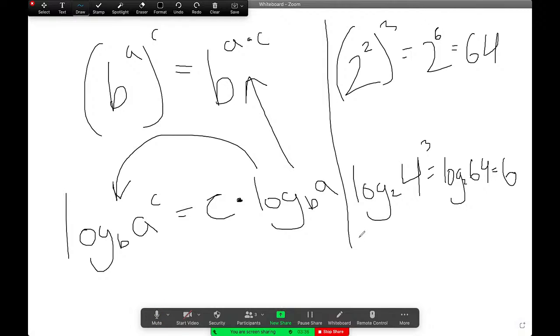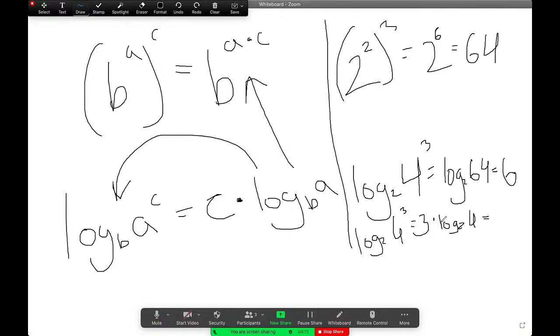So now let's rewrite this, but instead let's use this property and see what that gives us. So we have log base 2 of 4 to the power of 3 is equal to 3 times log base 2 of 4. And so this is equal to 2 times 3, because 2 to the power of 2 is 4.